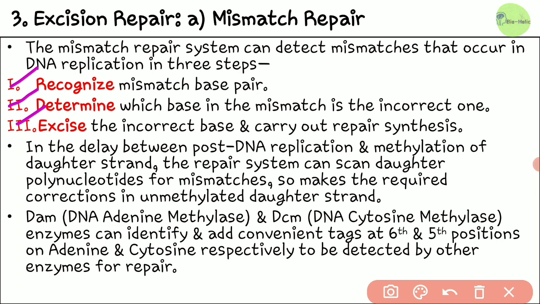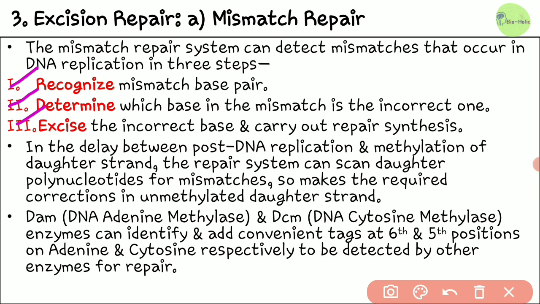There is a delay between DNA replication and methylation of the daughter strand, and this is the window of opportunity in which the repair system can scan the daughter DNA polynucleotide for mismatches and make the required corrections in the unmethylated daughter strand.